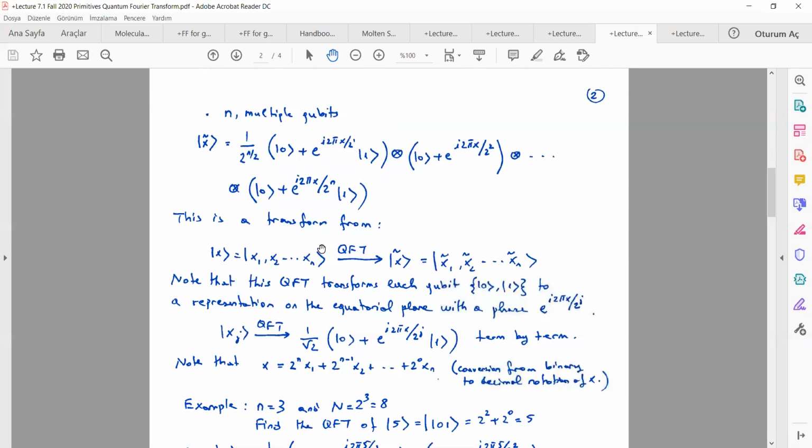This is how we define the quantum Fourier transform of a state ket x in the computational basis, which we denote as ket x1, x2, up to x sub n. By applying this quantum Fourier transform, a unitary transformation, you obtain ket x tilde in the transform domain as ket x1 tilde, x2 tilde, up to x sub n tilde.